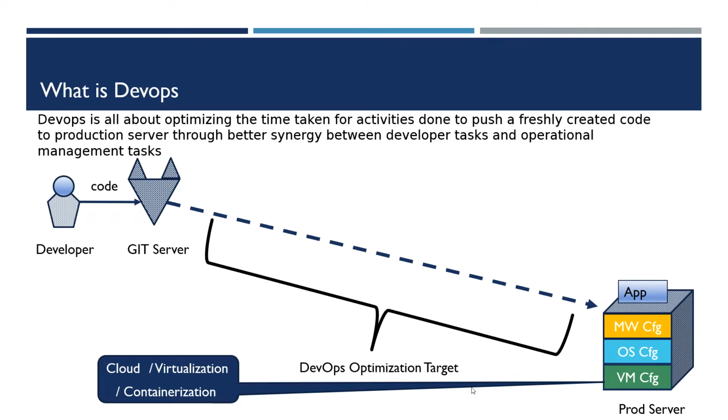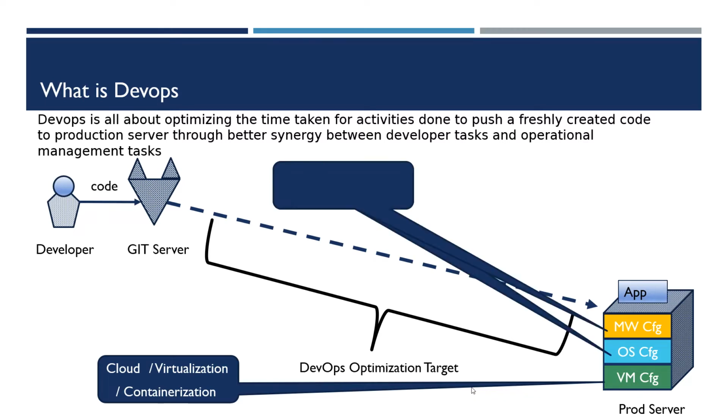Then obviously we have the OS and middleware, the things that run on top of the operating system once you have either a VM, a cloud instance or a container. There we do the configuration management, and you would have heard of tools like Chef and Puppet that come in there. Not only that, there is a whole lot of things that you do in order to get the source code converted into an application.